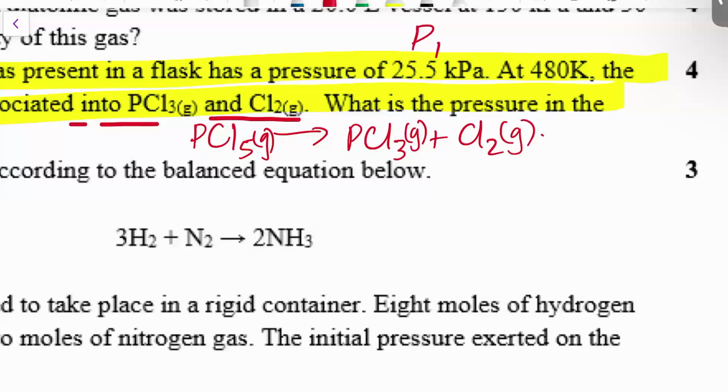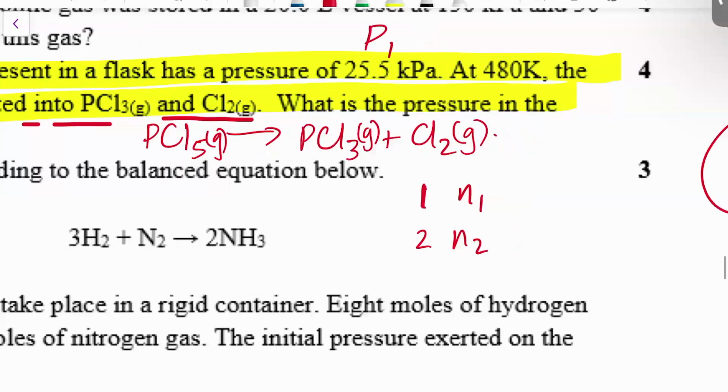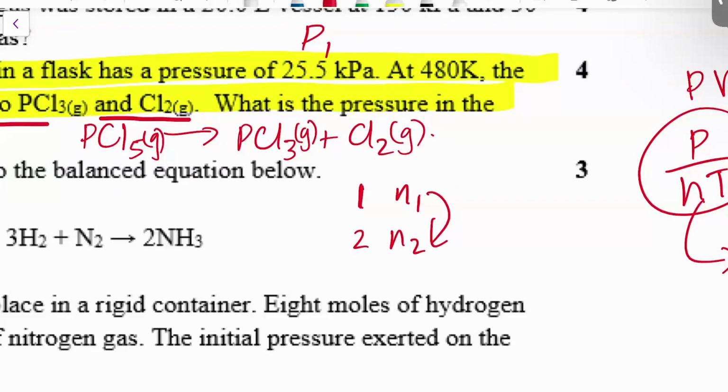You started off with 1, so that's n1. How many moles do you have at the end of your equation? 2. All right? How did you get from n1 to n2? n1 is 1, n2 is 2. How do you get from 1 to 2?